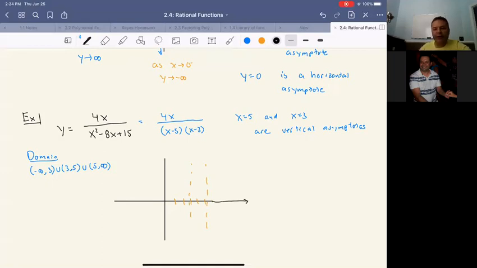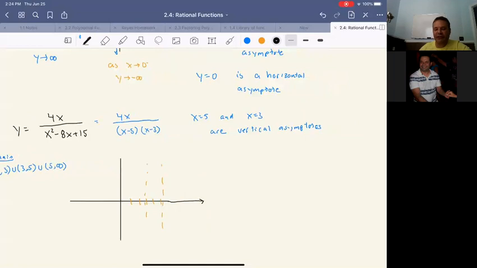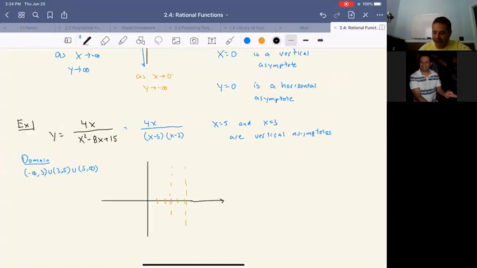Now, I'm going to just do a sign chart for this thing. I'm going to list all my asymptotes and all my zeros in order. So zeros are where the numerator equals 0.